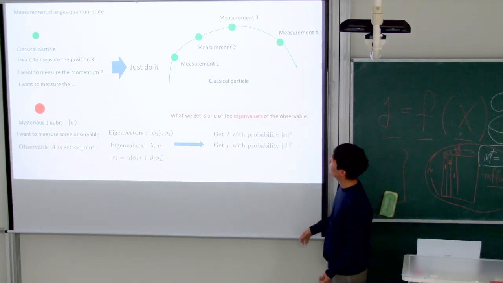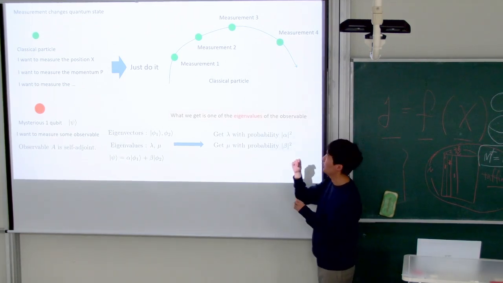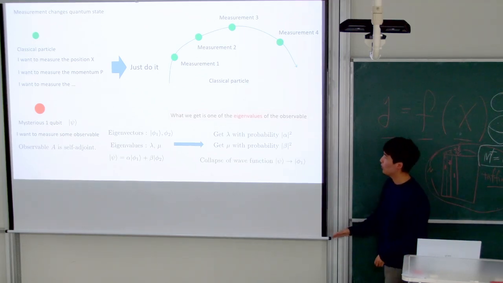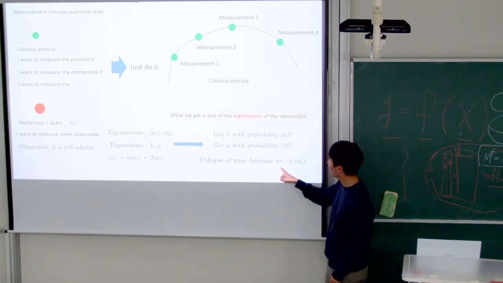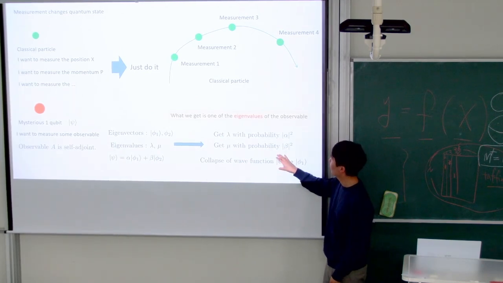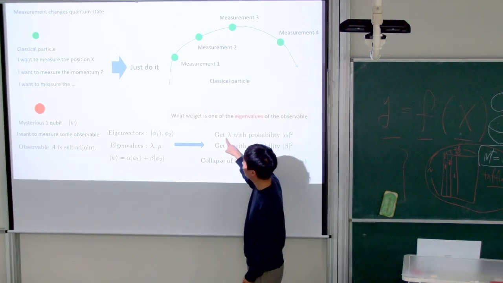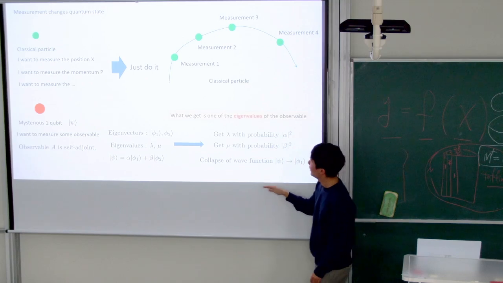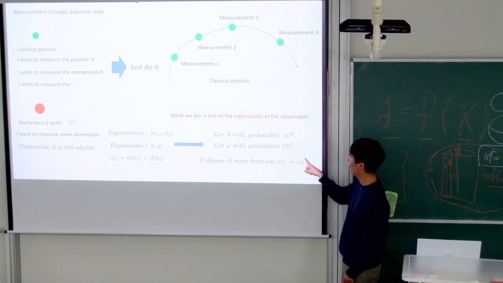But there is a problem. In classical physics, you can measure anytime. But in quantum mechanics, there is a notion of collapse of the wave function. Meaning that if you measure A with psi and assume that you get lambda, which is an eigenvalue, then the original state collapses to the corresponding eigenvector.